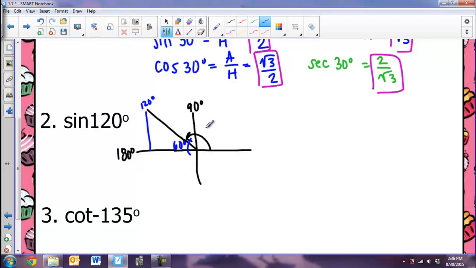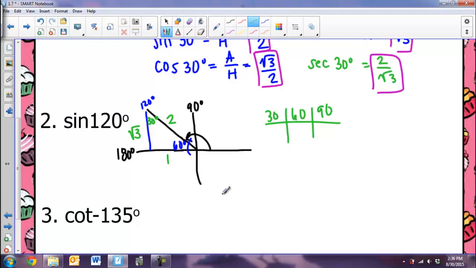So now I could go ahead and think about my special rights again. So again, if this angle is 60, that angle must be 30. So I can draw my 30, 60, 90 chart. Or you can remember that opposite the biggest side is going to be root 3. Opposite the smallest side is going to be 1, and your hypotenuse is 2, the length of that angle.